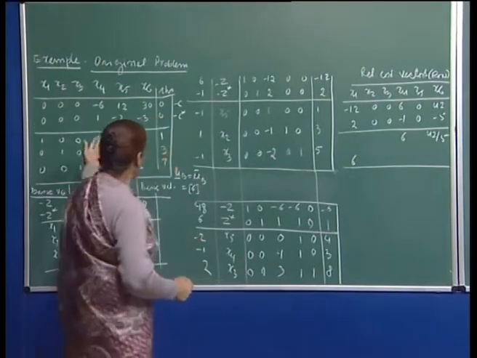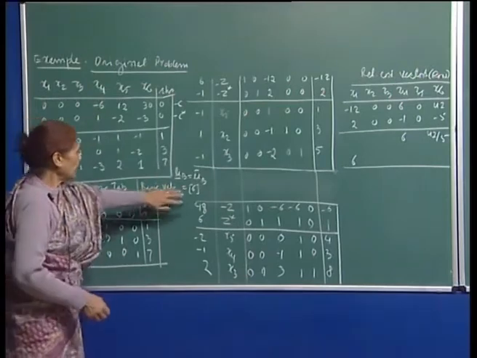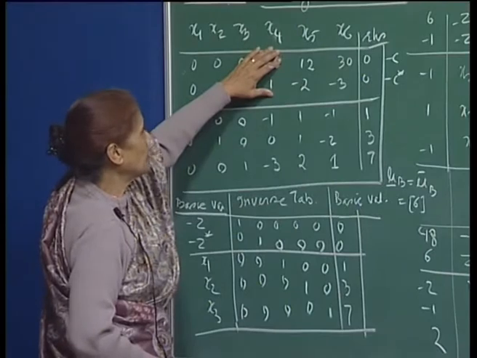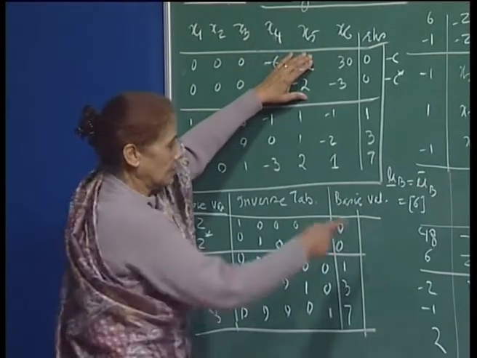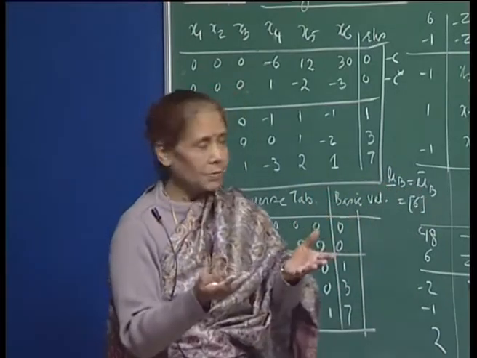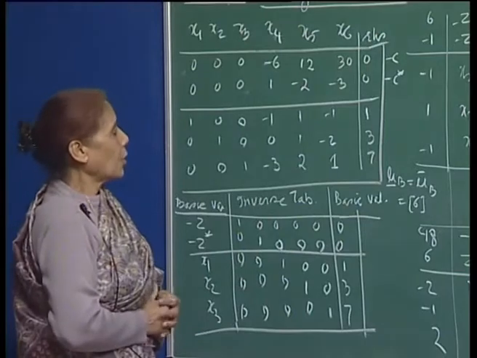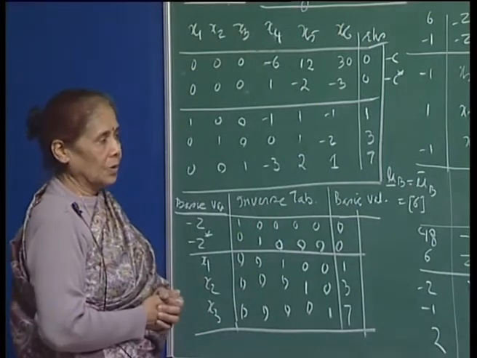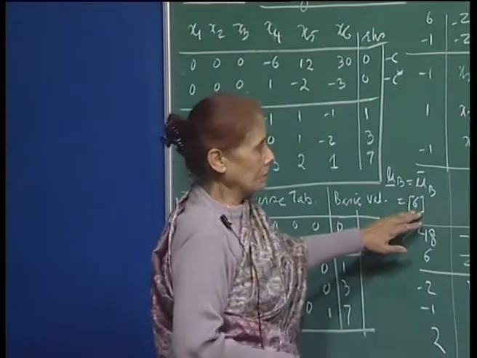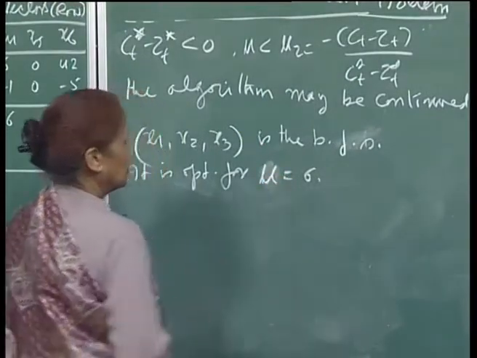I got it by inspection from here only. If this interval was empty, that is, if the lower value was bigger than this value 6, then this would have been a vacuous interval, and I would have concluded that B cannot be an optimal basis for any value of mu. But we were lucky, we got one value, mu equal to 6.